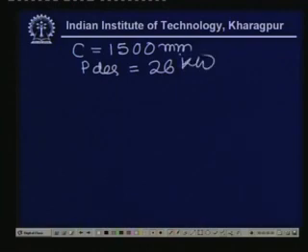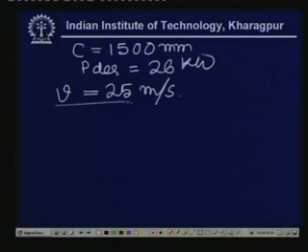However, because it is a V-belt drive, we choose an economic velocity. V is an optimum one, 25 meters per second.